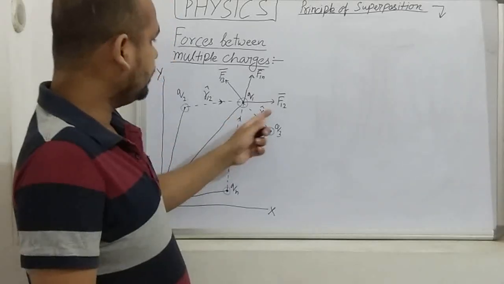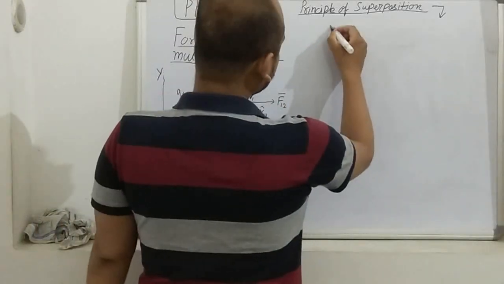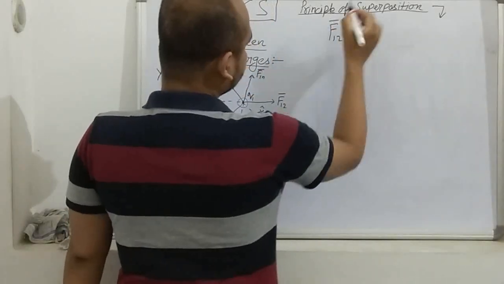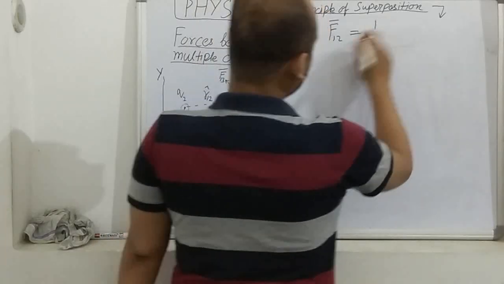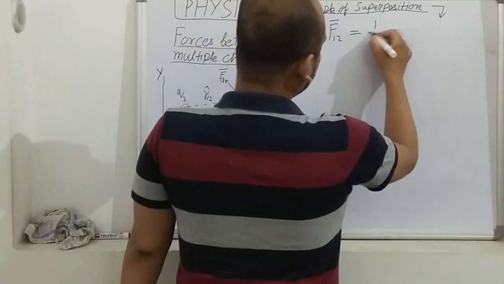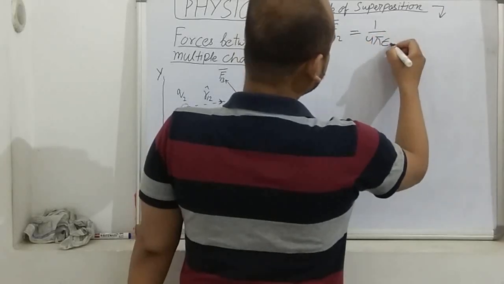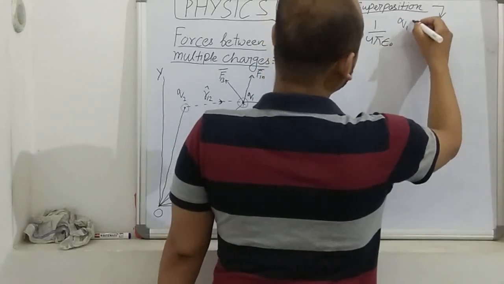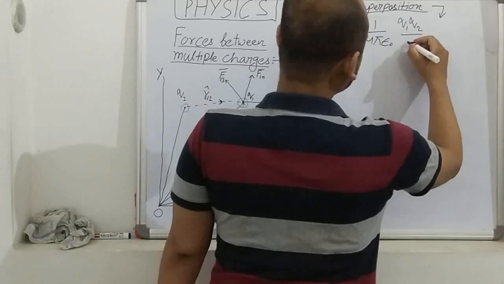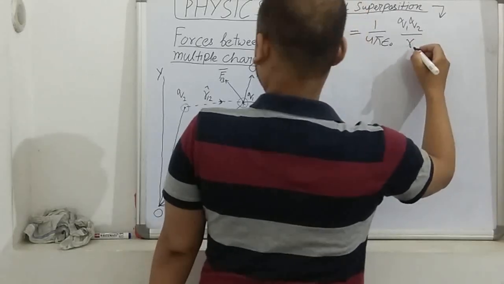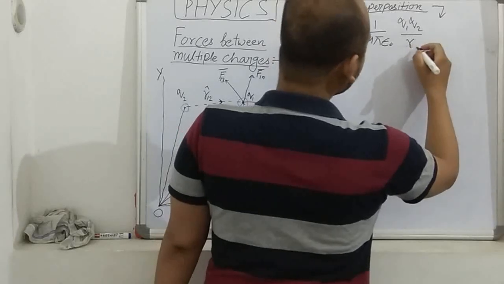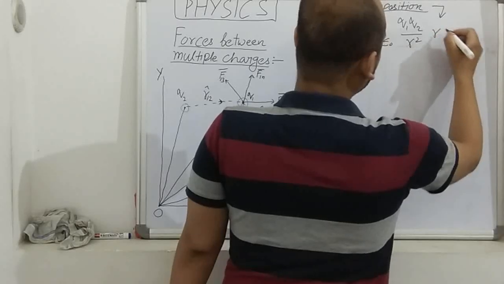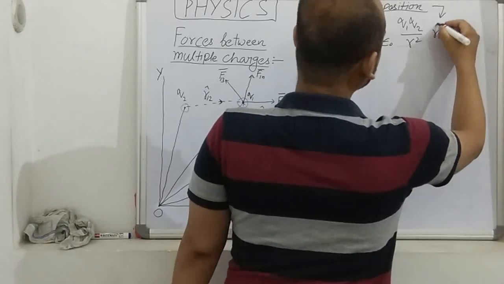So now we will first of all find F12. F12 will be equal to 1 upon 4 pi epsilon naught Q1 Q2 upon R square R12 cap.